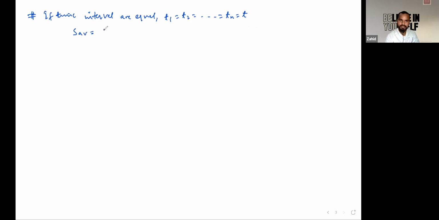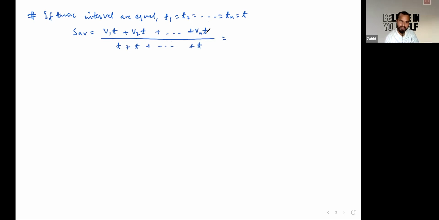So x1 would be written as v1 into t, x2 would be written as v2 into t, and so on to vn into t, divided by time taken t1, t2, and so on to tn.